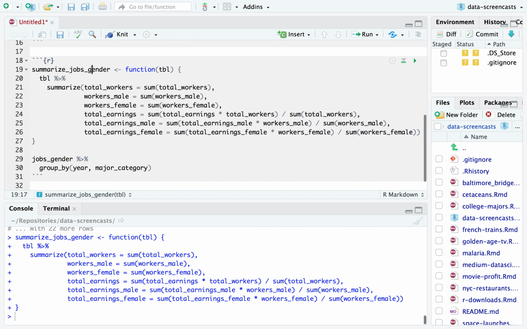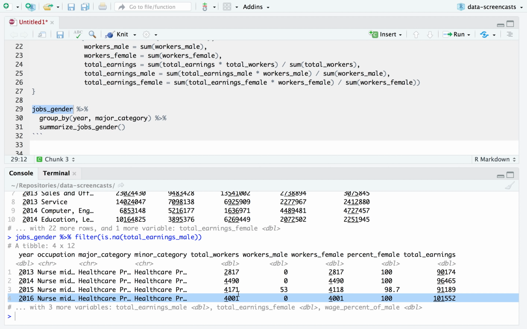I also noticed, where are there NAs? I could imagine a couple places there are NAs. This would be under total worker earnings male. Okay, where would, let's see, jobs gender filter is NA. Start there. All right, there's areas where there's 0, at least in this data set there are 0.